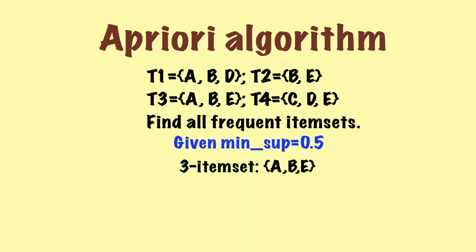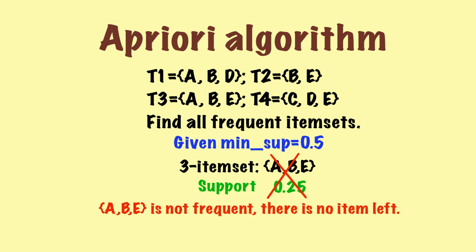Therefore, we only have one candidate for 3 item sets, which is A, B, E. The support of A, B, E is 0.25 because only T3 contains all of A, B, and E. However, this item set is not frequent because 0.25 is smaller than minimum support threshold, 0.5.